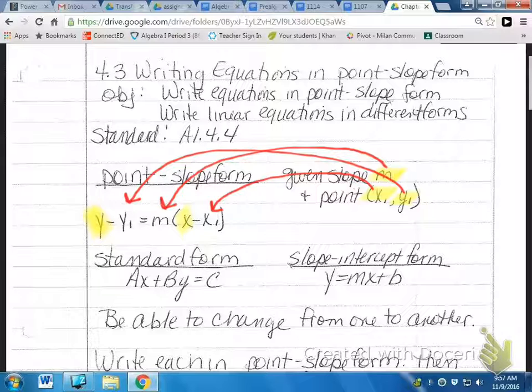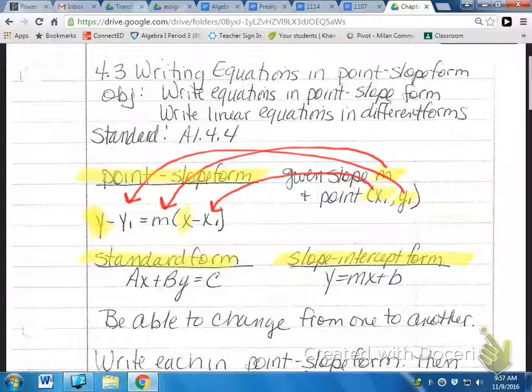You need to know all three of these: point-slope form, standard form, ax plus by equals c, and slope-intercept form, y equals mx plus b. You need to, at any time, be able to come back and tell me what those three things are, and go between one and the others.